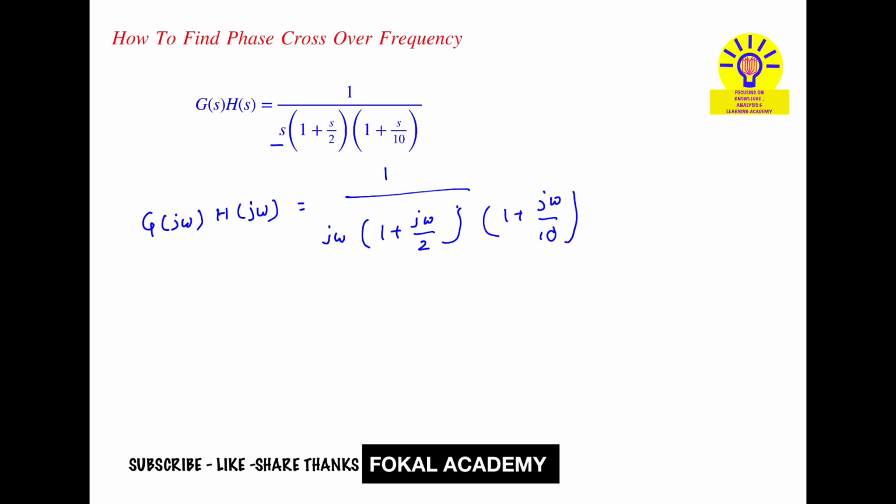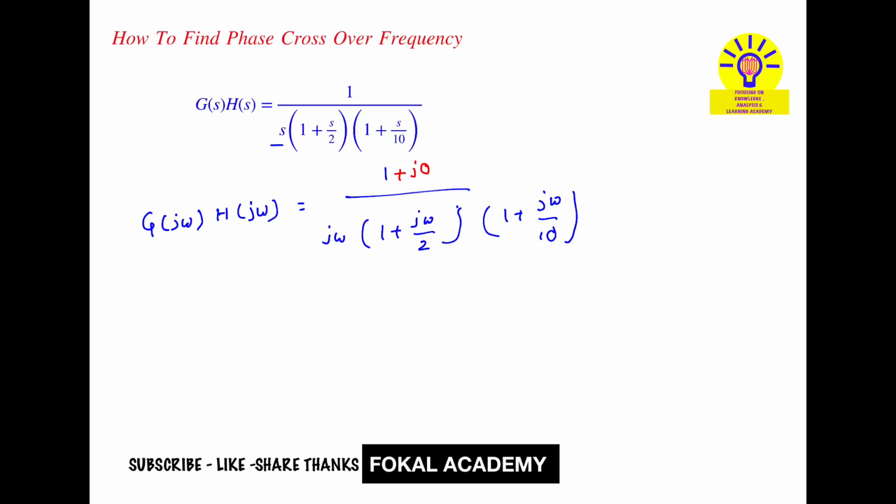When you observe here, this is one complex number, this is another complex number, this is another complex number. In the numerator it can be written as 1 plus j0. This is also one complex number. Now how can you find the phase angle here?